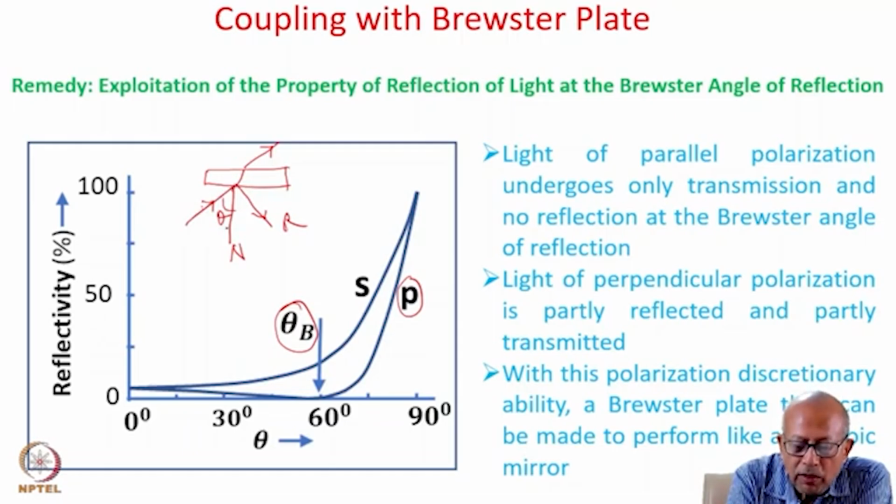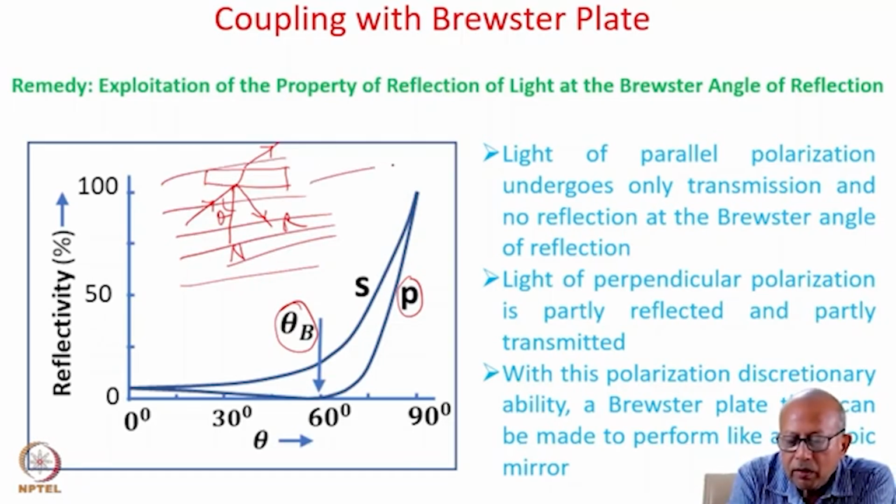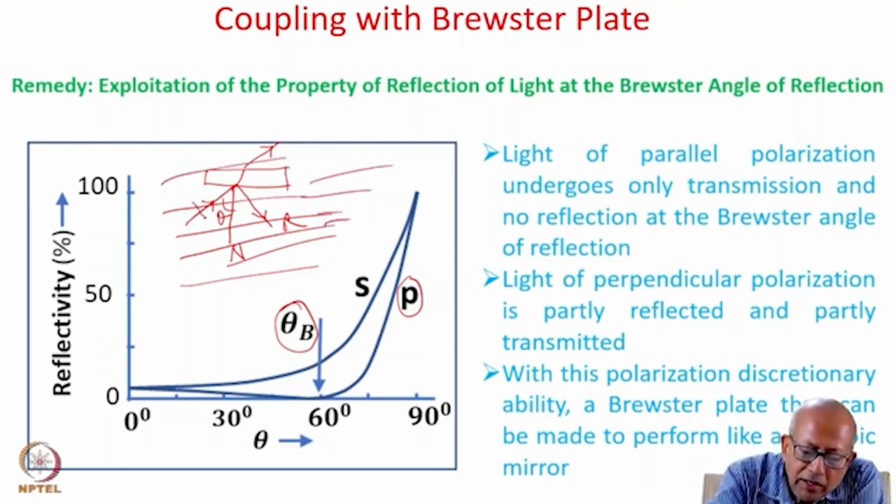So this is the normal, this is the incident light, and this plane of the paper is the incident plane. The polarization which lies in this plane is called p polarization, and the polarization perpendicular to this plane is called S polarization.